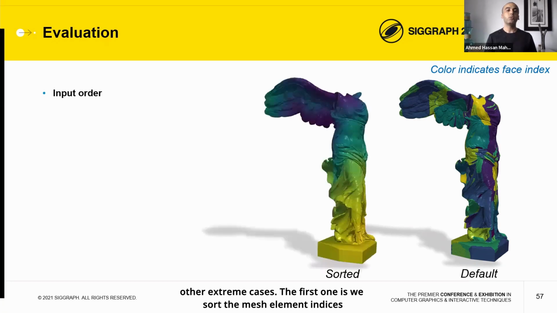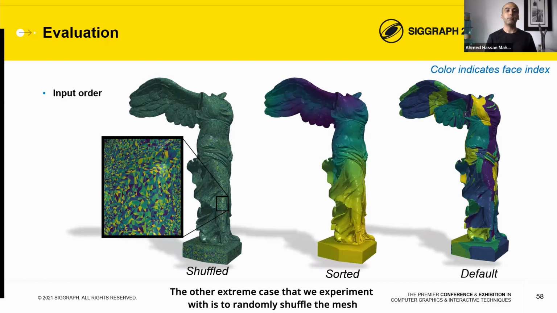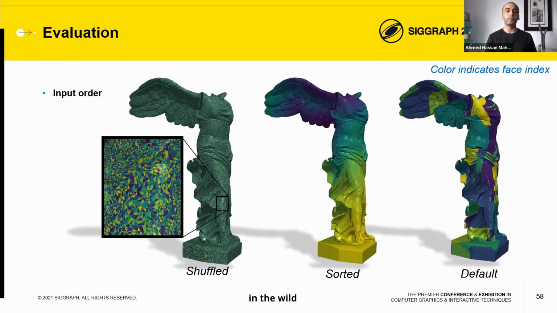The first one is we sort the mesh element indices in such a way that locality is maximized. And thus, we expect caching to be more effective with this input order, and thus higher performance. The other extreme case that we experiment with is to randomly shuffle the mesh element indices, something that we might encounter when working with meshes in the wild.